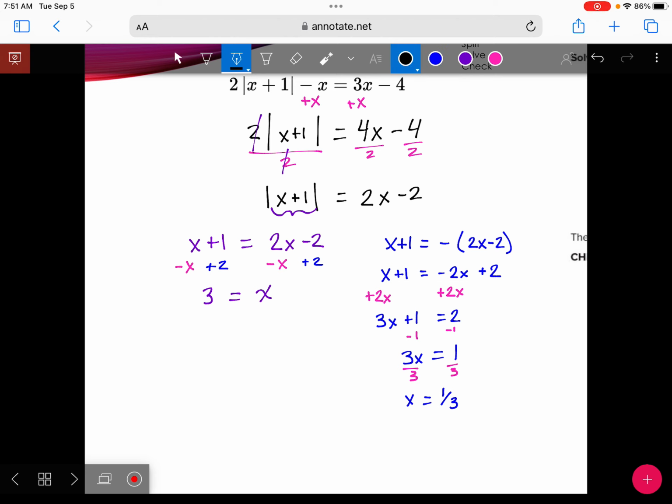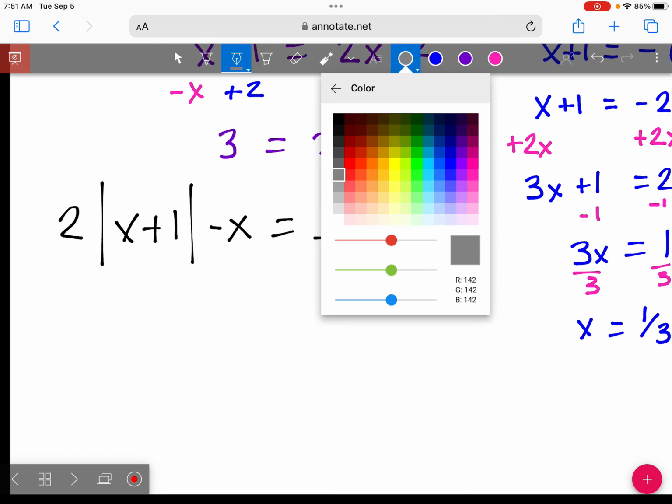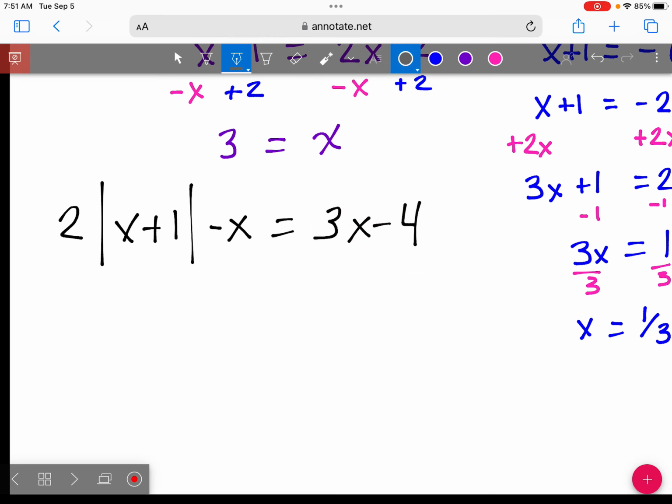I'm going to copy my equation down here: 2 absolute value x plus 1 minus x equals 3x minus 4. Just so I can zoom this in and we can still see it. First let's check that 3. It's going to give us 2 times the absolute value of 3 plus 1 minus 3.